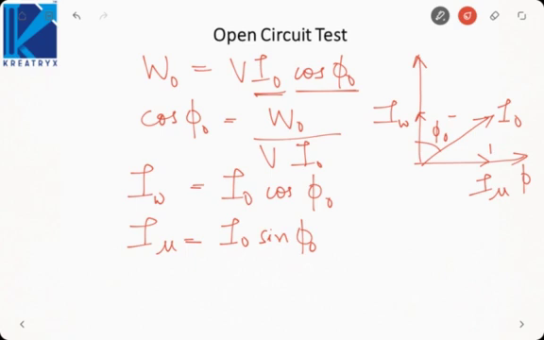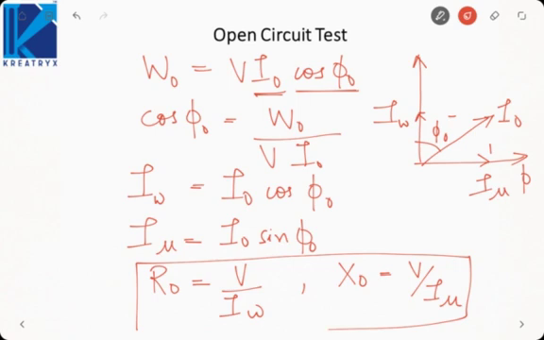So IW is I0 cos phi0 and I mu is I0 sin phi0. Then R0 is nothing but V by IW, and X0 is nothing but V by I mu. These are the parameters that are placed in the shunt branch of the transformer. So that is how we fulfill our two objectives, to find the core loss in case of transformer and to find the parameters of the shunt branch.